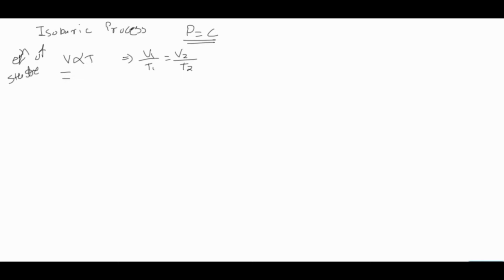What will be the indicator diagram? That means how we are going to indicate this process. P-V, this is the indicator diagram. Pressure is constant, like this.